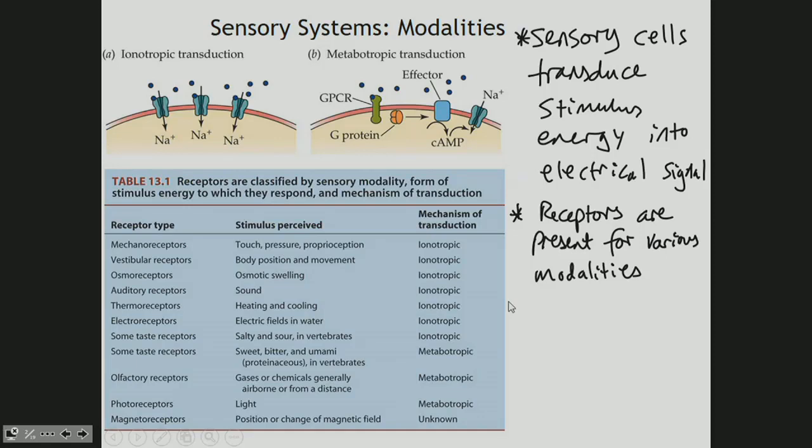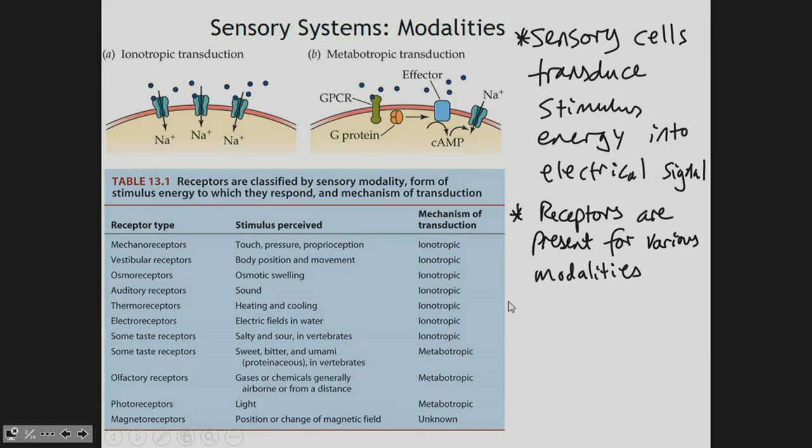With ionotropic transduction, you've got the binding of a compound opening ion channels directly, then ions flow through those channels, as opposed to the binding of some sort of molecule to a G protein coupled receptor, which then sends out a second messenger, which is happening here. And then you've got a G protein moving and activating the production of cyclic AMP, which then opens up an ion channel. So this is indirect, it's a cascading effect with a metabotropic receptor.